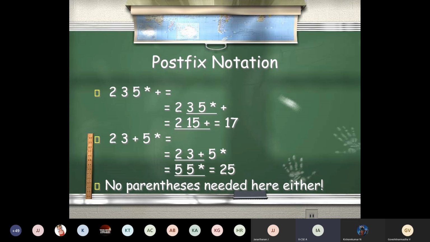That is one more benefit of your postfix notation. Simply by analyzing where the operator is, that operator should be done first. For example, if you have 2 3 plus 5 star, this plus will be applied on the two immediate values 2 3, then the star will be applied on the two immediate values, like that.